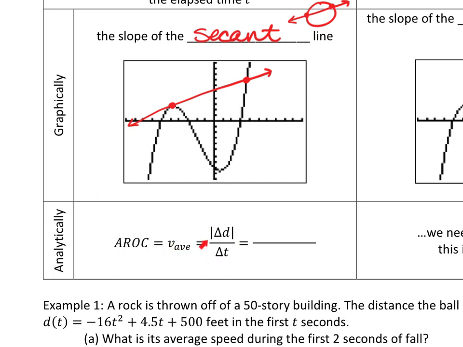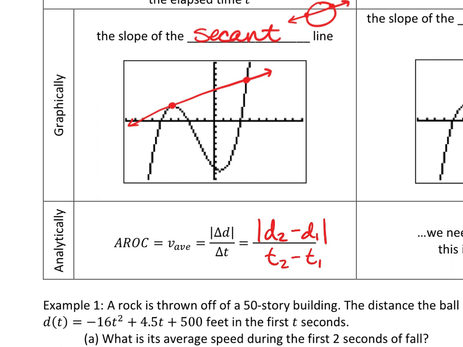And the mathematics for it is that it is the absolute value of the change in distance divided by the change in time. A little triangle like that is called a delta. Delta means change. So really, we have a formula: distance 2 minus distance 1, absolute value, divided by time 2 minus time 1 will give me the average rate of change.